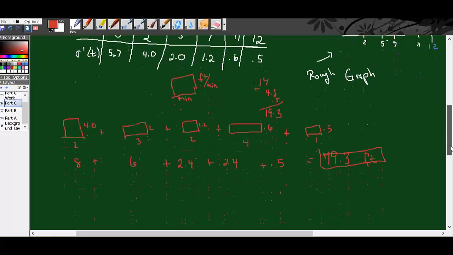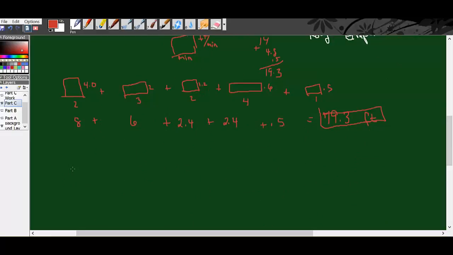But the real points for this come from explaining what that means. Using correct units, explain what that means.